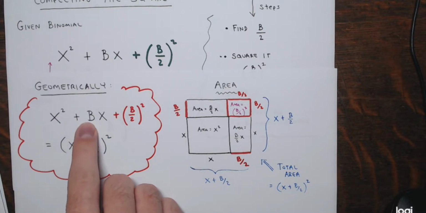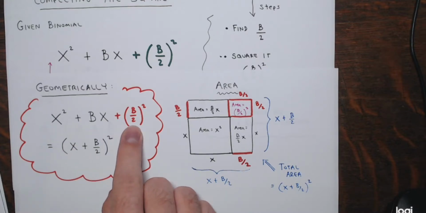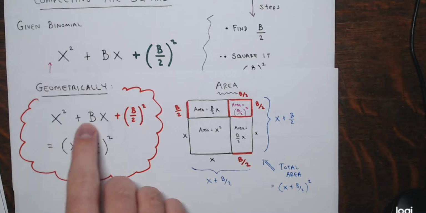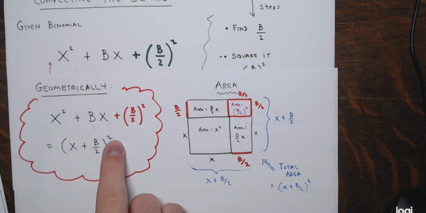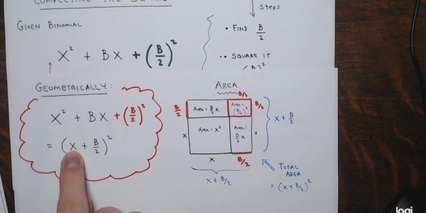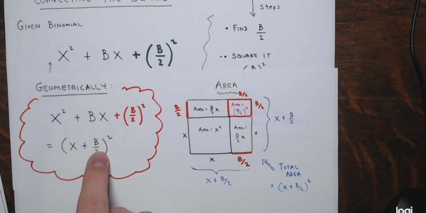You take half the linear coefficient and square it. That gets added. And once that is added, you've changed a binomial into a perfect square trinomial, something that can be expressed as a binomial squared. That binomial is just the variable plus half the linear coefficient, that half of b. So x plus half of b, that quantity squared. And that's what we're going to do for all the exercises in this video.